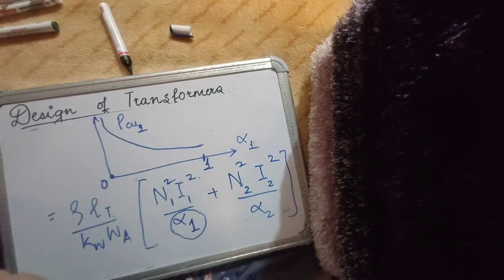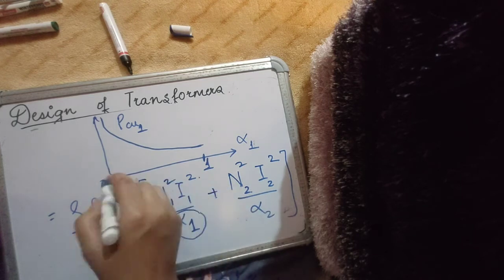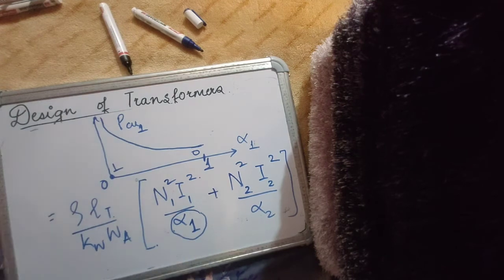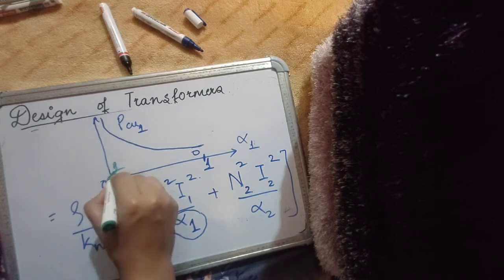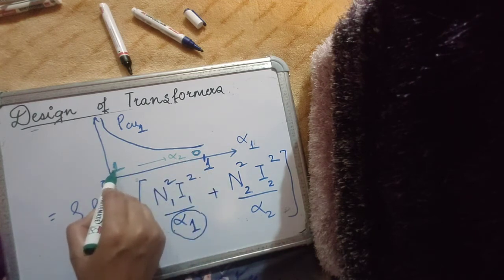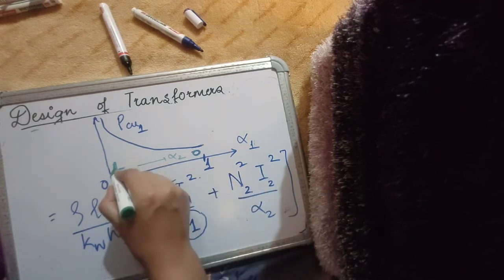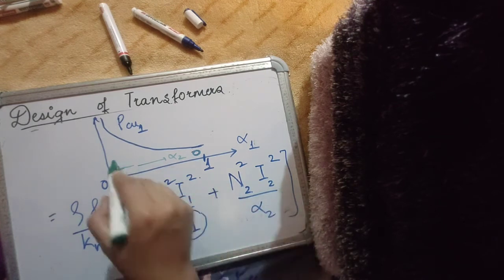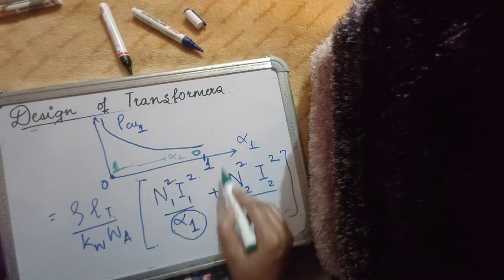Quite naturally, as you increase alpha 1 from 0 to 1, you are also decreasing alpha 2 from 1 to 0. So the green pen over here represents alpha 2. When alpha 2 is equal to 1, the copper loss of the secondary winding is the minimum, and as you go on decreasing it towards 0, the loss increases.